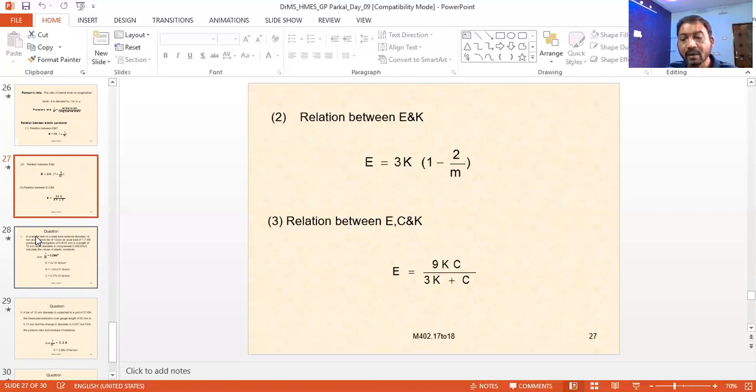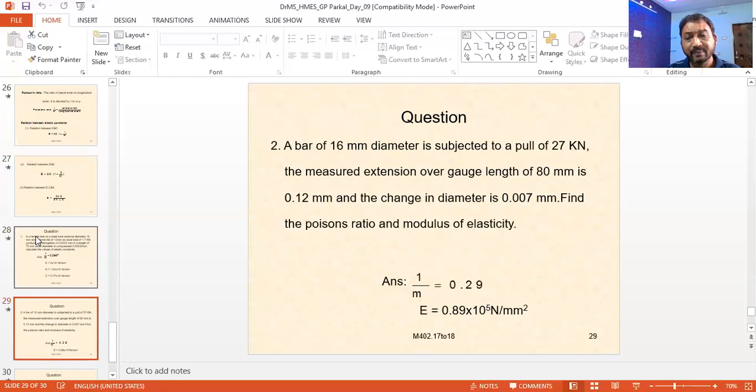And sometimes the bulk modulus and the shear modulus are given, and we are supposed to find out the modulus of elasticity. Accordingly, if you know the relation between the three elastic constants along with the Poisson's ratio, then we can find out any unknown elastic constants, and also we can find out the change in the linear dimension or the change in lateral dimension like diameter or the width or the thickness, and also the change in the volume of the body by using the above equations. So this is about today's lesson.